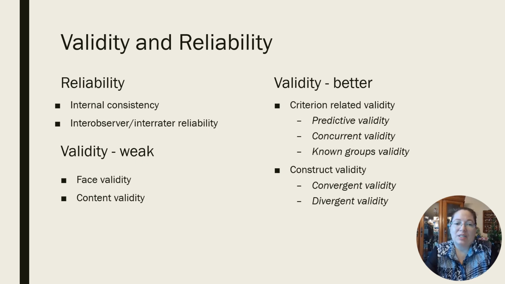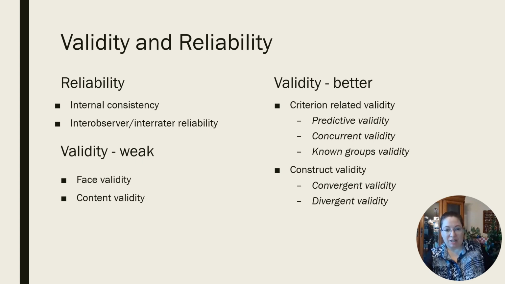We also learned about some ways to measure validity. The weak ones are face validity and content validity, and the stronger ones are criterion-related validity and construct validity. There are 5 different kinds within both those categories, and the important thing to know is just that they're much stronger and that they're all mathematically obtained, as opposed to the weak forms of validity.